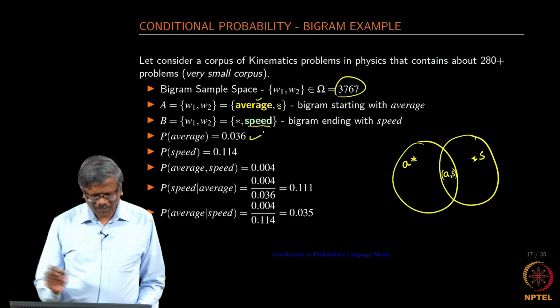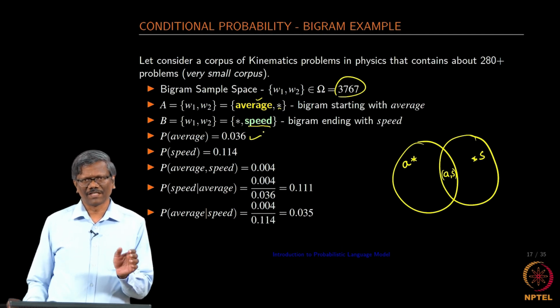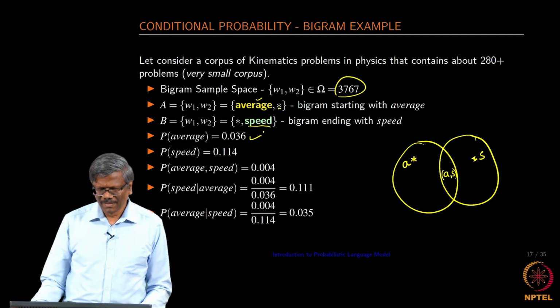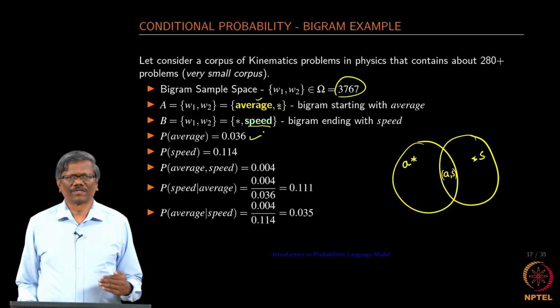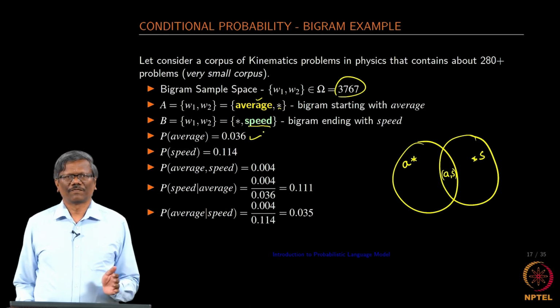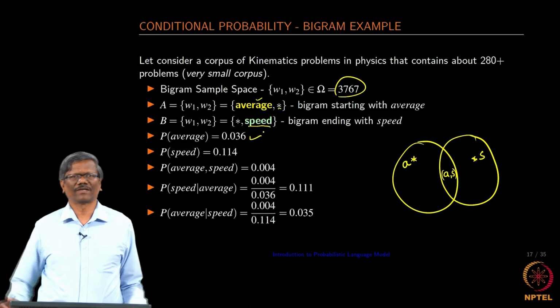You get the probability of the word average by taking the word average and the entire token set, distributing the probability mass of 1 across the entire token set.